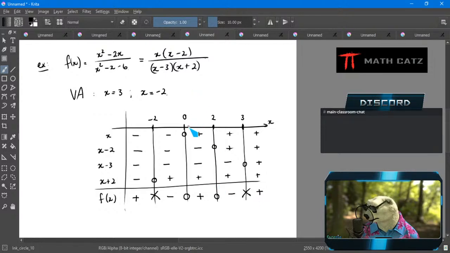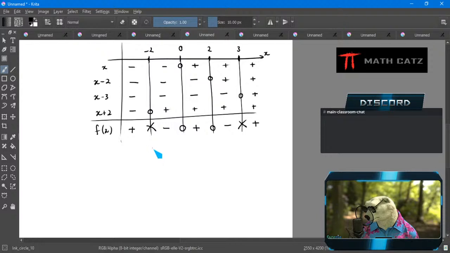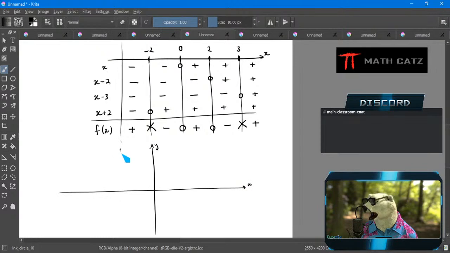Now, how does this help me? It is going to tell me exactly what is happening as I get close to these asymptotes at -2 and 3. Because if I get close on the left towards x equal to -2, I'm just to the left of -2 on my number line in my table. For those, anything to the left have positive y values.